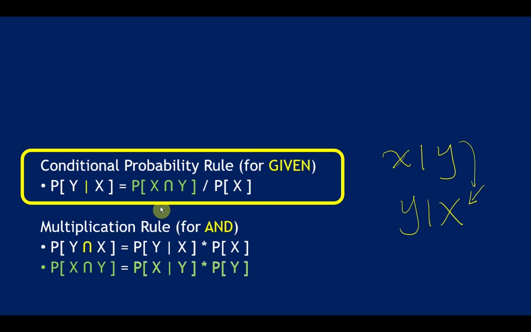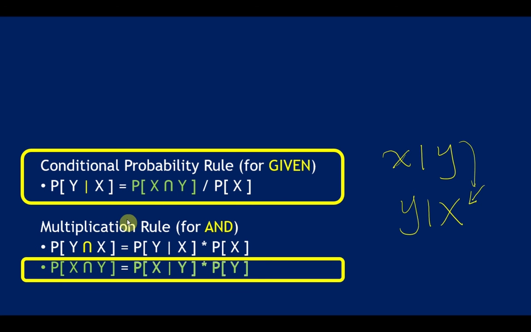Well, we also know from the multiplication rule that the intersection can be calculated by the probability of x given y multiplied by the sample space y. So what we can do is we can just move it up and replace the intersection with the multiplication rule, expand it, and get our Bayes rule.